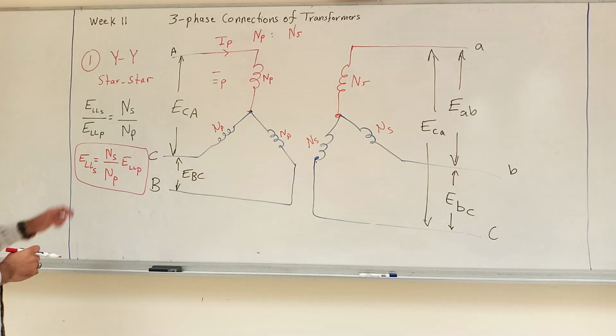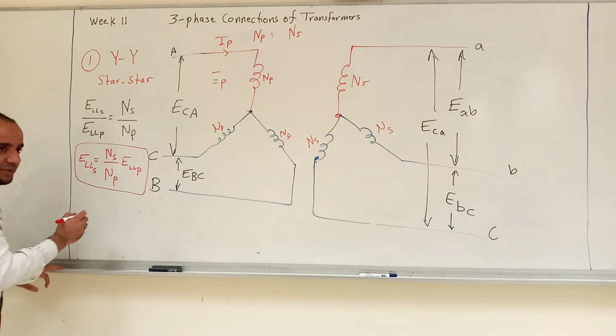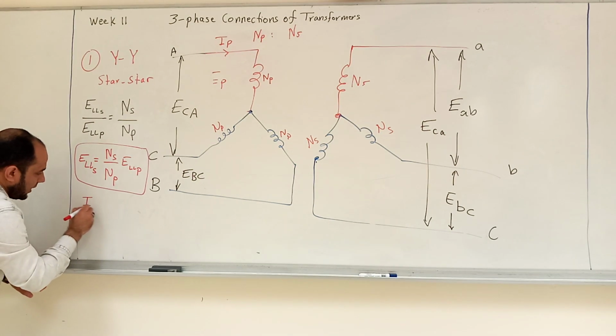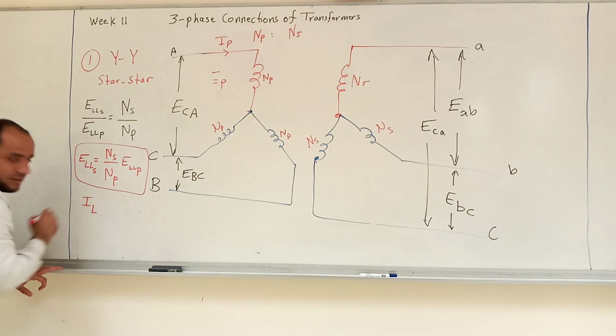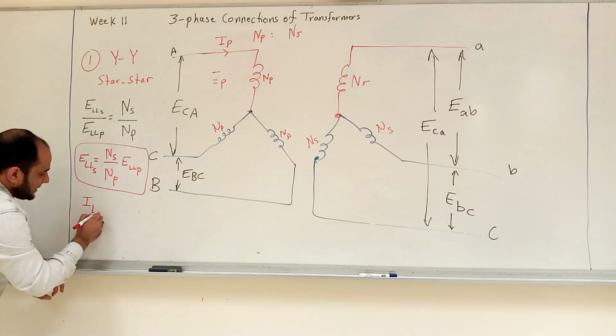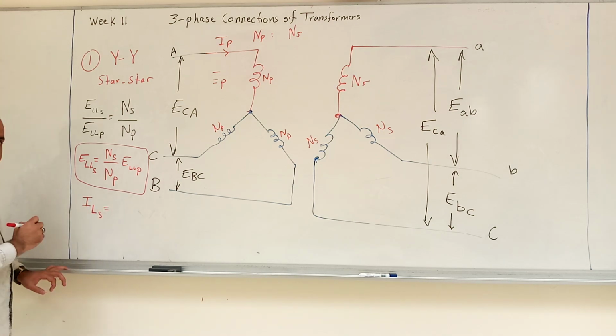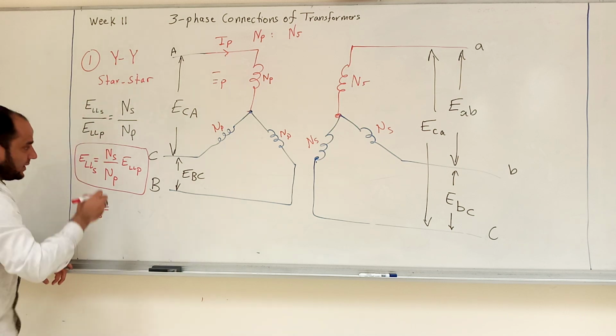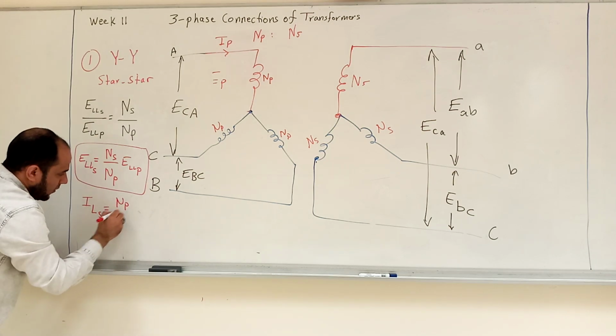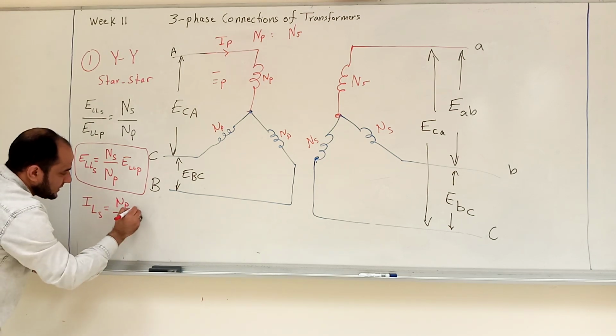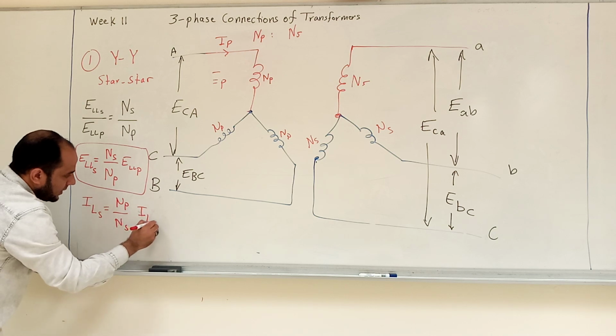Good. Now based on this, what about the currents? The currents will be just opposite. The I line secondary is NP over NS times I line primary.